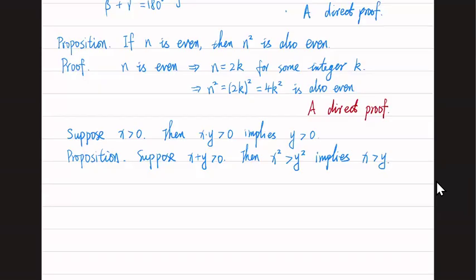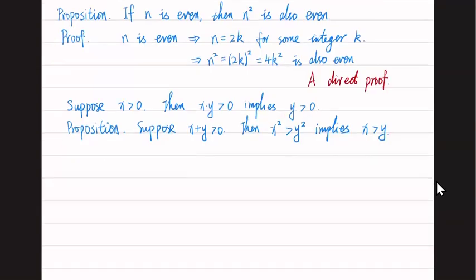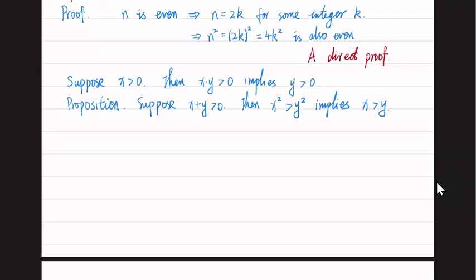Okay, let's see how we prove this. We're going to show that if x squared is bigger than y squared, then x must be bigger than y. So to prove this, we will rewrite our assumption. x squared bigger than y squared, so the difference is positive.